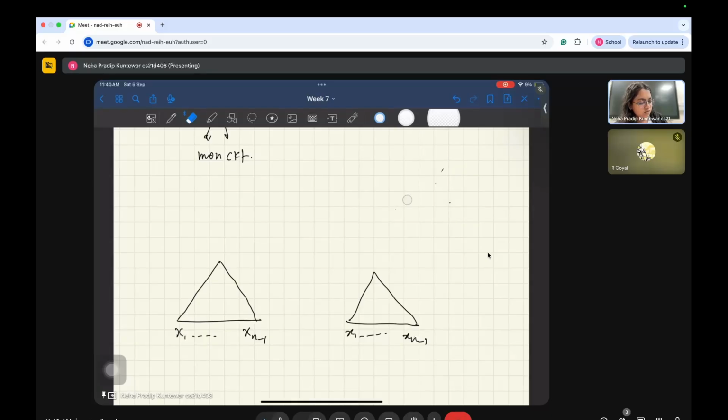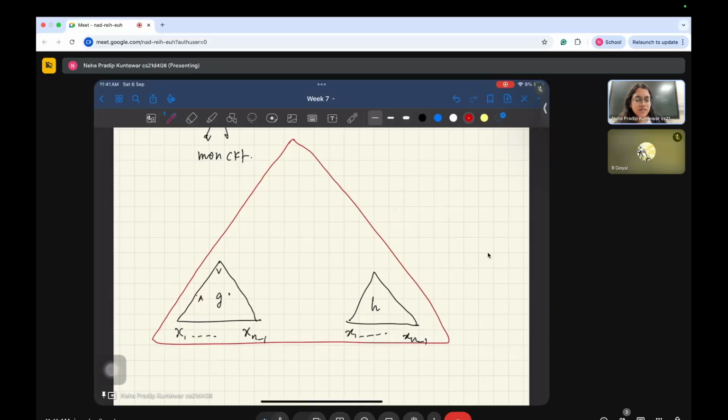Let's say this is the circuit corresponding to G, and this is the circuit corresponding to H, and we know that both of them only have AND and OR gates. Now, the idea is that I want to use these two circuits to build a circuit for f. We have one more variable xn, and I'm only allowed to use AND and OR gates as many times as I want.